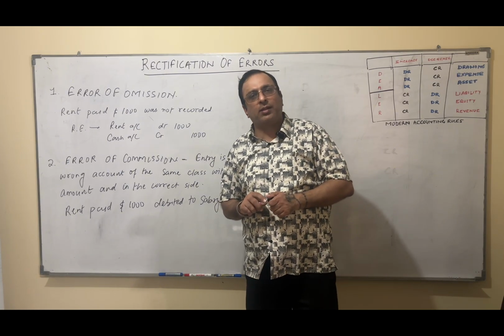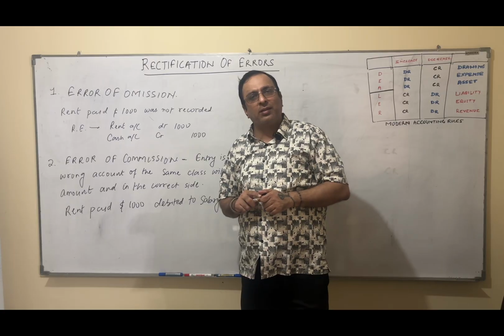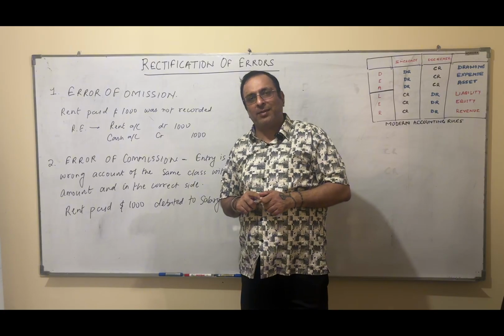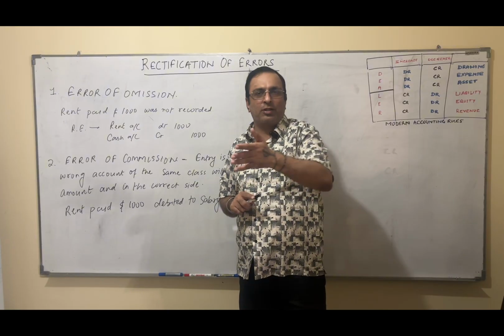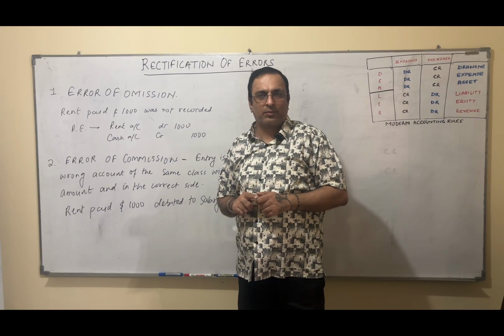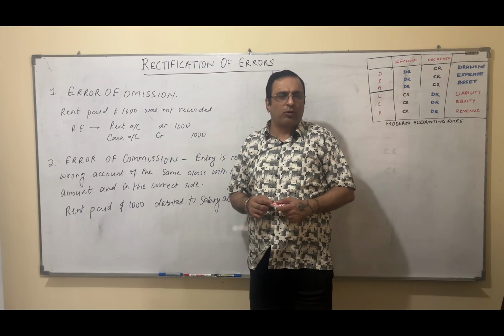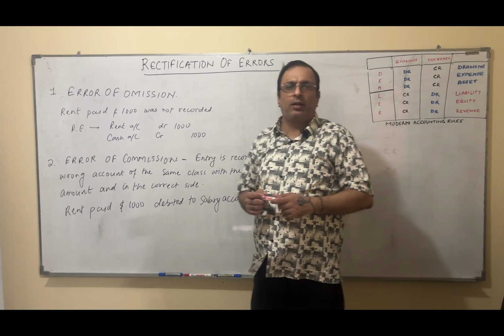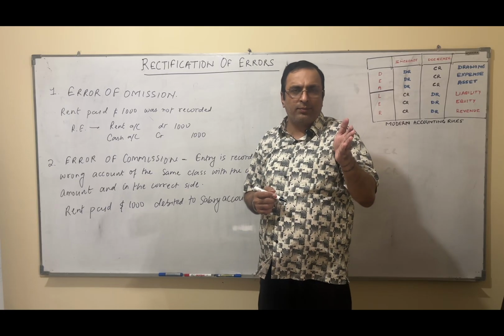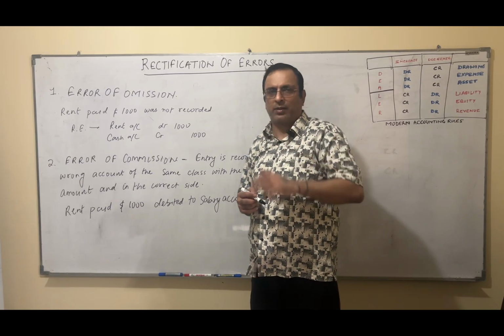He has to be seated either in 12th C or 12th D. But by mistake, the examination department has seated him in 12th A. To understand this more properly, let us suppose that in a school, 12th A is a science section and 12th B is a commerce section.